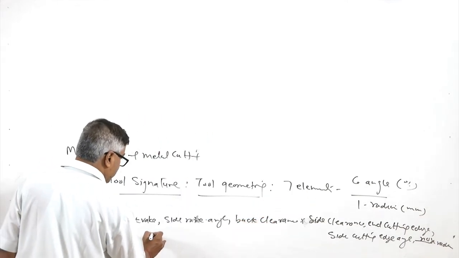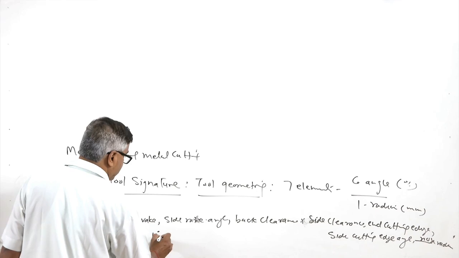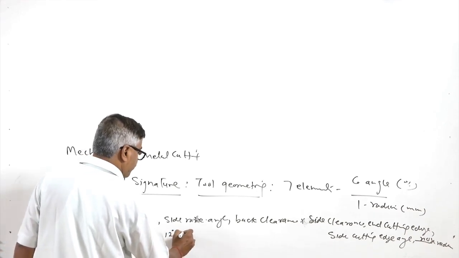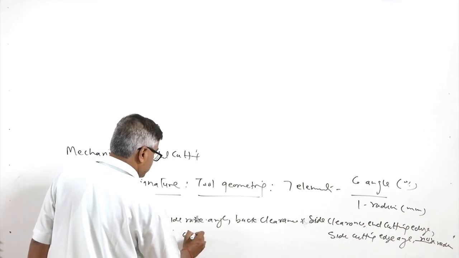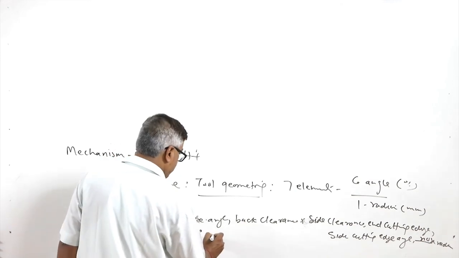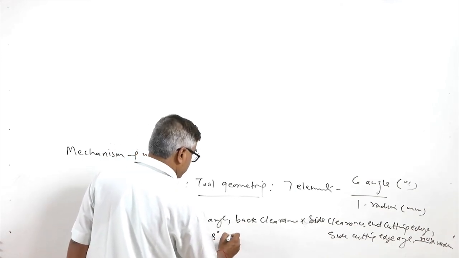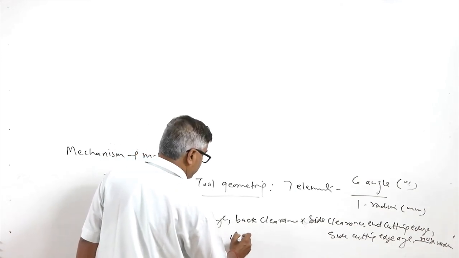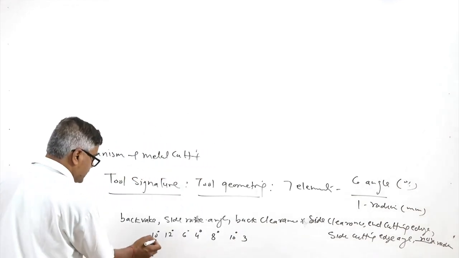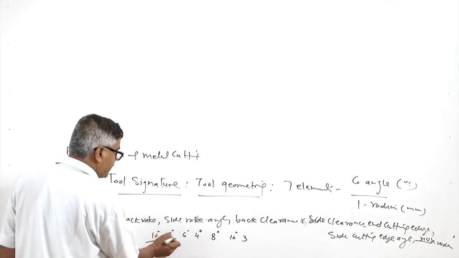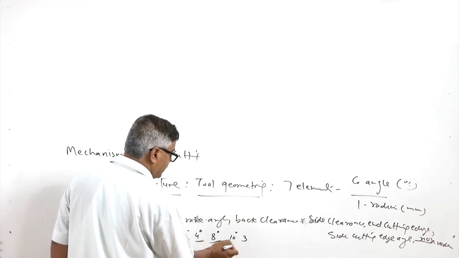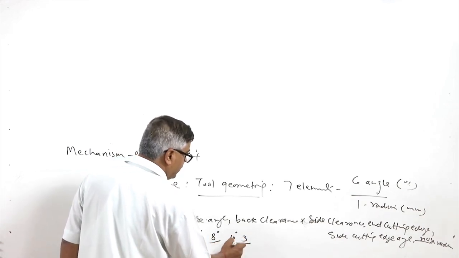Like say, these may be mentioned as 10, 12, 6, 4, 8, 10 and 3. So, what it shows is the back rake angle, side rake angle, back clearance angle, side clearance angle, end cutting edge angle, side cutting edge angle and nose radius.